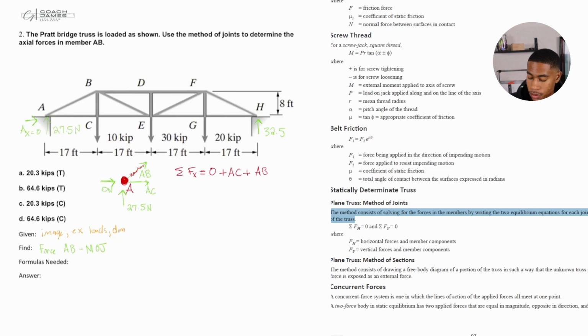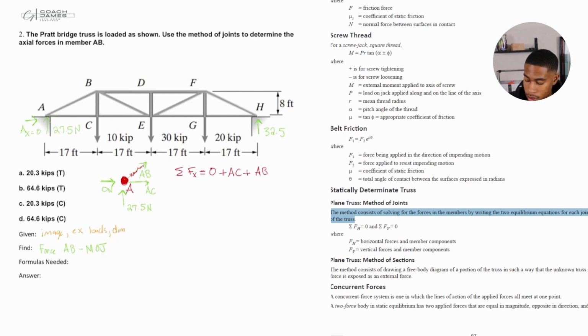And then I need to figure out also what my values are to get the sine or cosine of it.